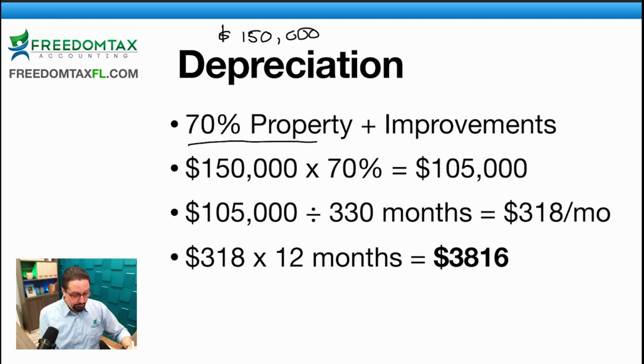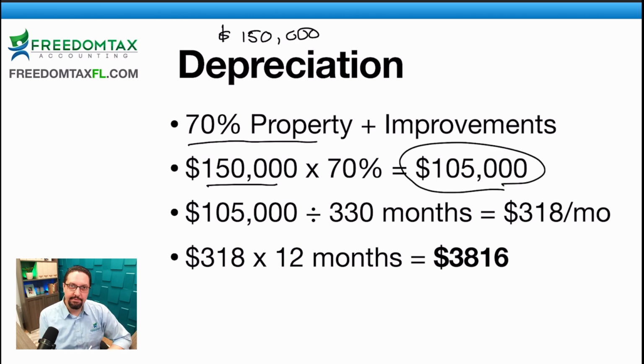So for this example, we take $150,000, and $105,000 is 70% of the property. Now we take 105,000, which is 70% of the property, and we divide it by 330 months because you can depreciate for 27 and a half years.